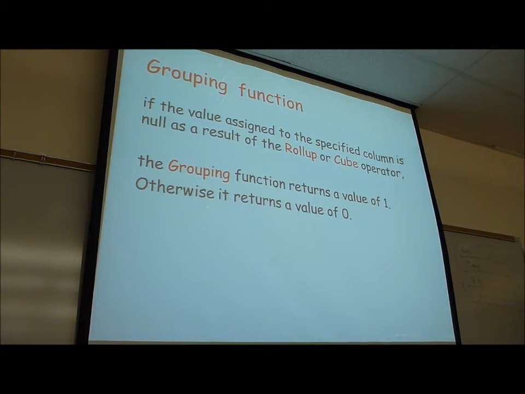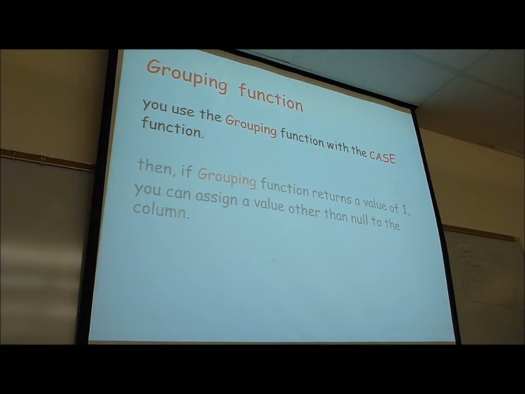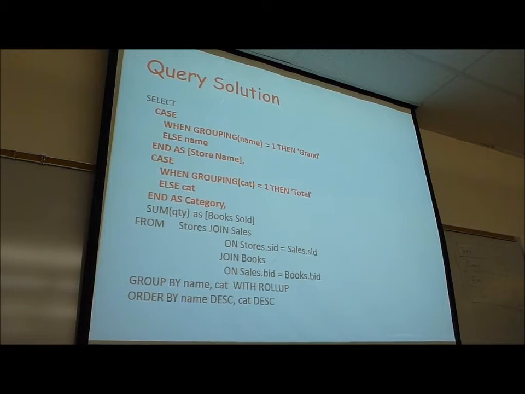So here's the way it works. We've got a grouping function that returns a value of 1, or otherwise it returns a value of 0. We'll use this with the case, and when it returns a value of 1, you assign a value other than null to the column.